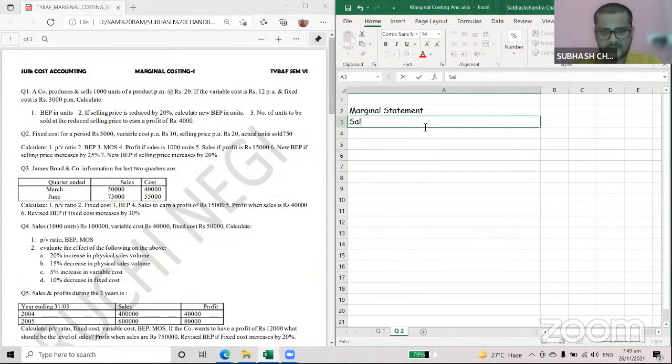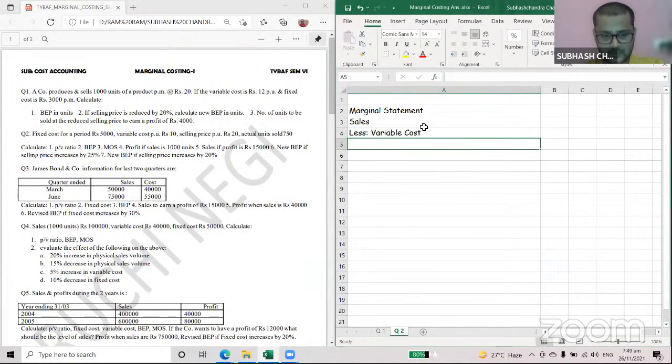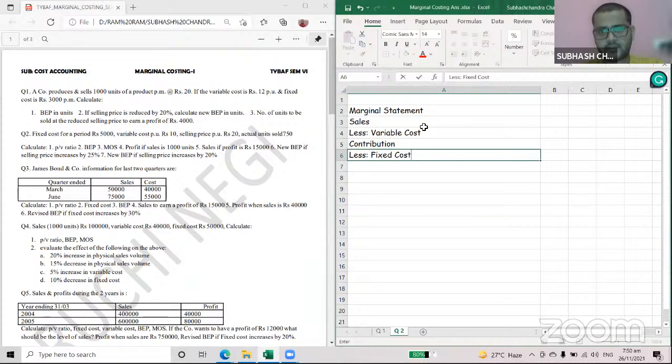So this is sales. Below that, less variable cost. What will we get? Contribution. Then less fixed cost.